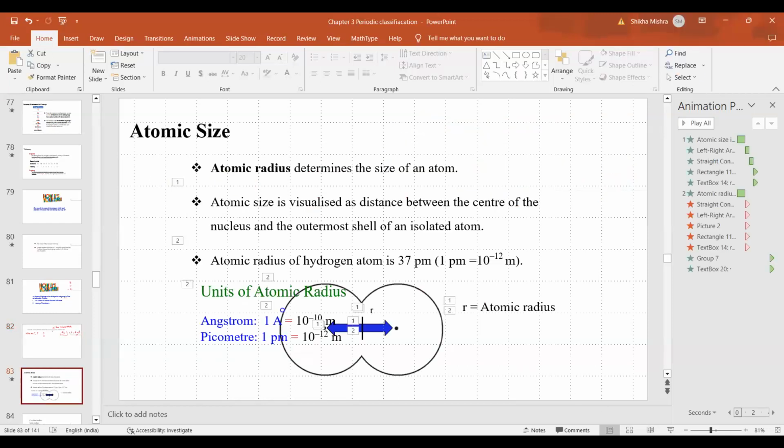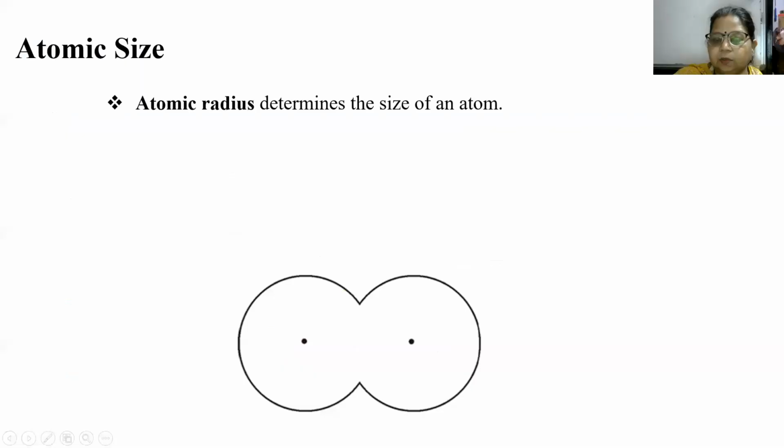Yes, ma'am. Okay, we will be now talking about the beginning of the difficult concepts of the periodic table. What is atomic size? We cannot see an atom. And if you remember the definition of orbital from the previous chapter, can somebody apprise me what is the definition of an orbital?